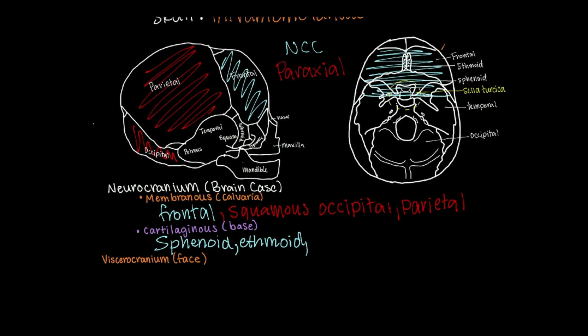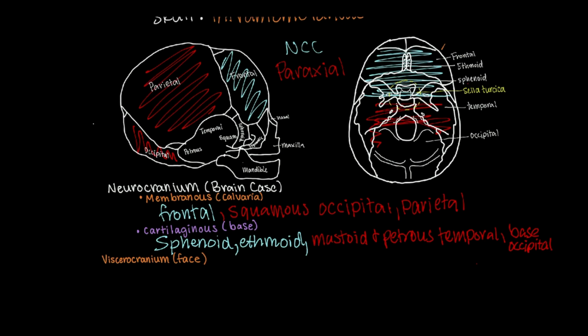Those are going to be derived from neural crest cells. And then posterior to the sella turcica, this region right here is all going to be derived from paraxial mesoderm. This will be specifically the mastoid and petrous parts of the temporal bone, and then the base of the occipital bone.